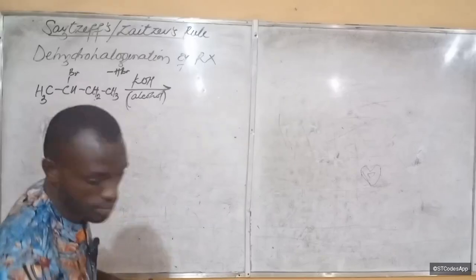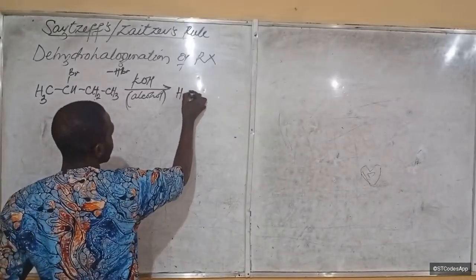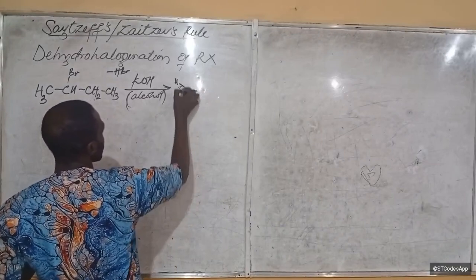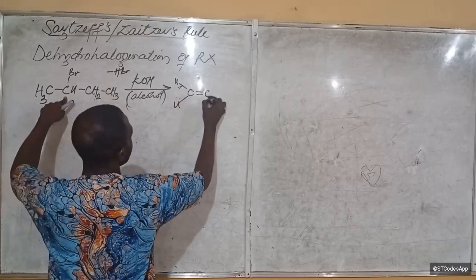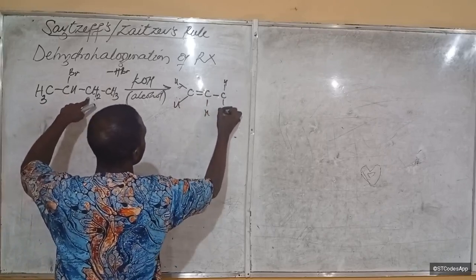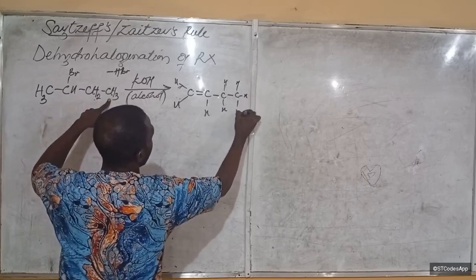Watch me. The first product is either CH2, CH2, then our double bond will be here, so we have CH, and then CH2, and then CH3.